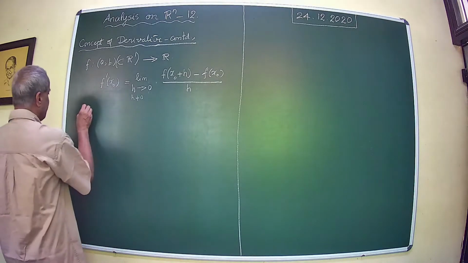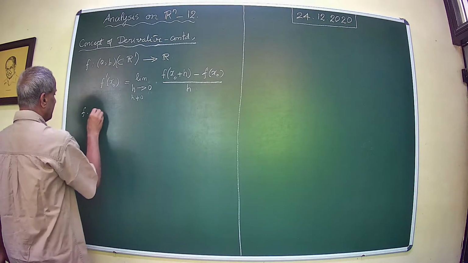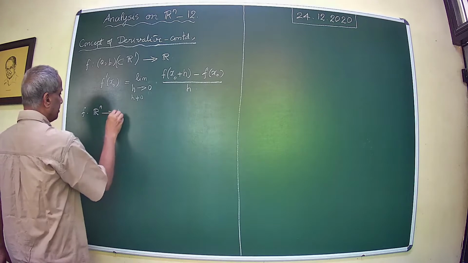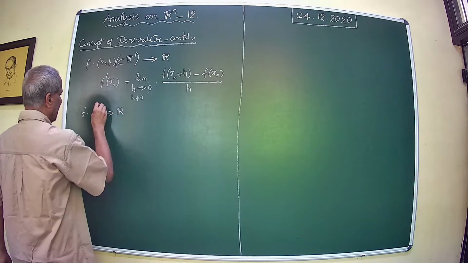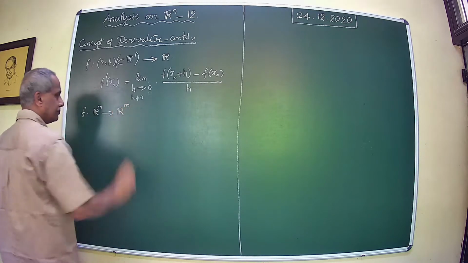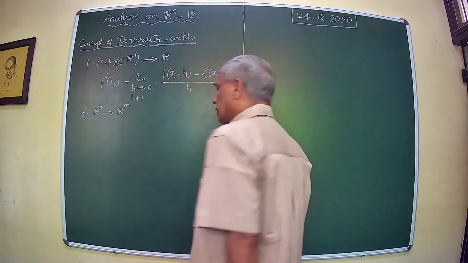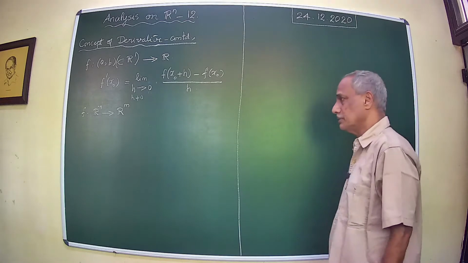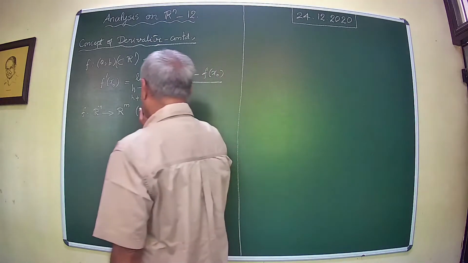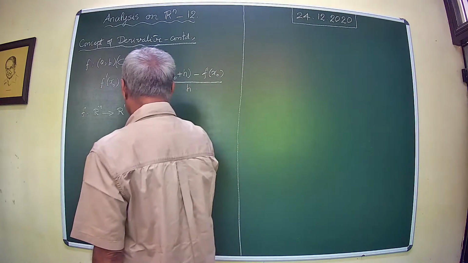Then we found that suppose f is defined from Rn to R or Rn. Then you are talking about a function of n variables, for n greater than 1.